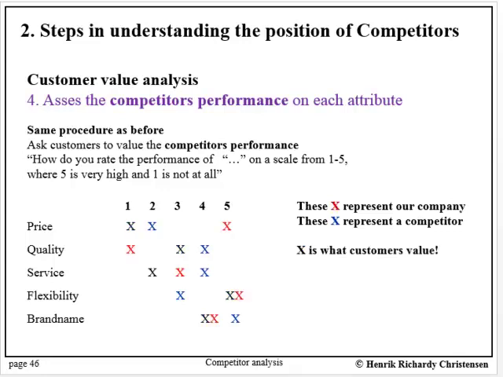So we have here a full overview, more or less: the red cross represents our company, the blue cross or X represents our competitors, and the black one is what customers actually value. Now you try to figure out which one, the competitor or our company, is actually doing best.